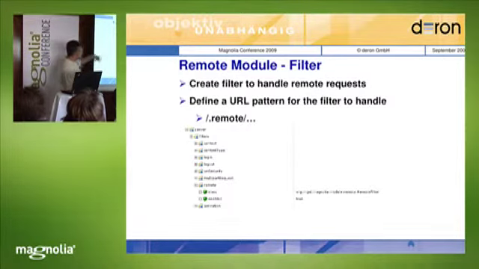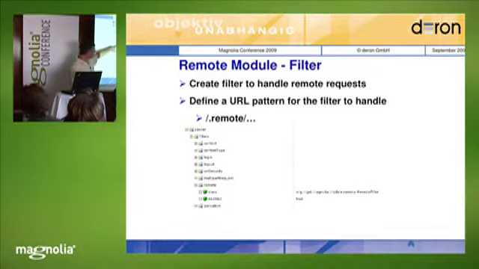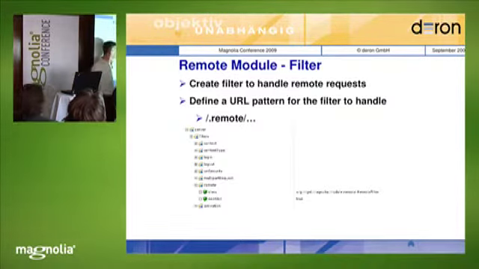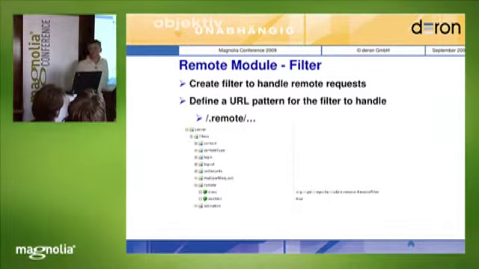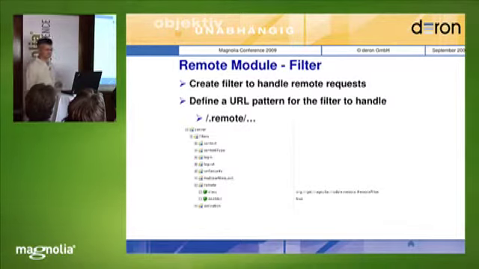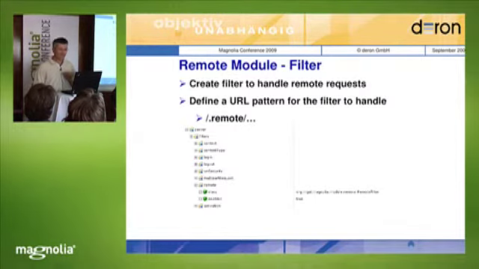You can add these filters in the Magnolia configuration just by putting an entry in the server's filters section where you specify the implementing class, and you can enable this filter. Okay, now I have the filter.